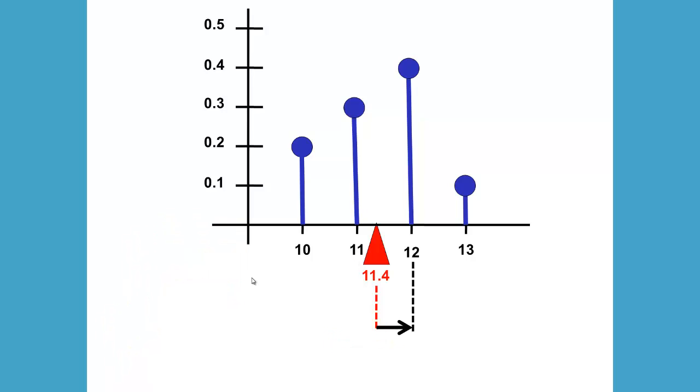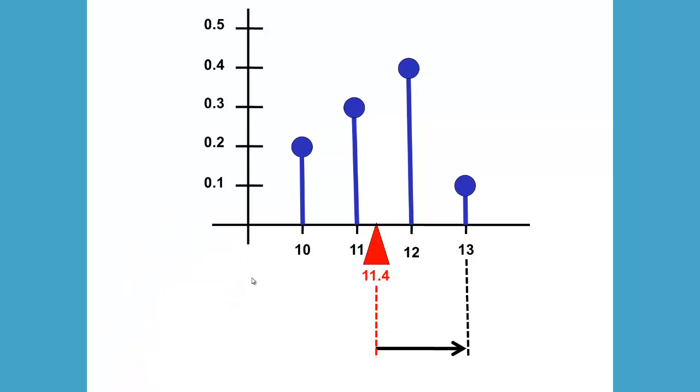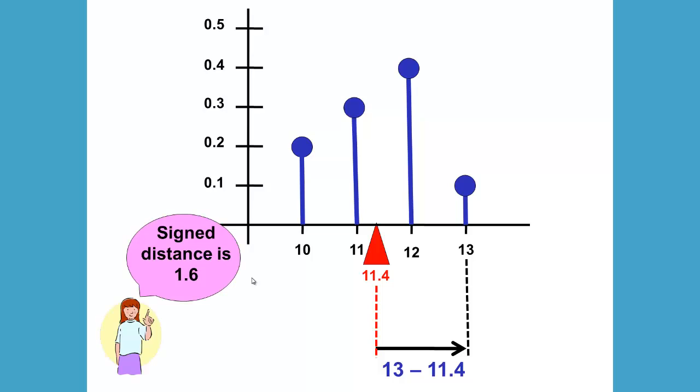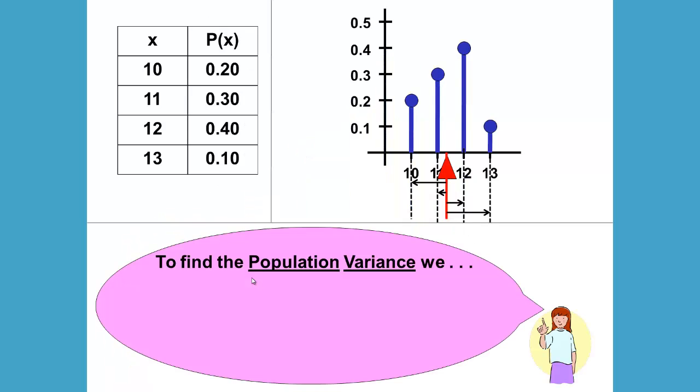Moving to 12, we get 12 minus 11.4, and the signed distance is 0.6. Next, we have 13 minus 11.4, and the signed distance is 1.6. So we have all of our signed differences.